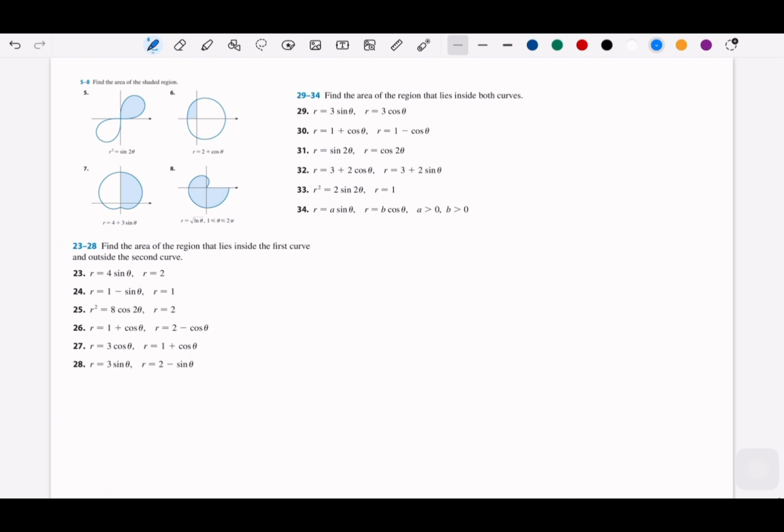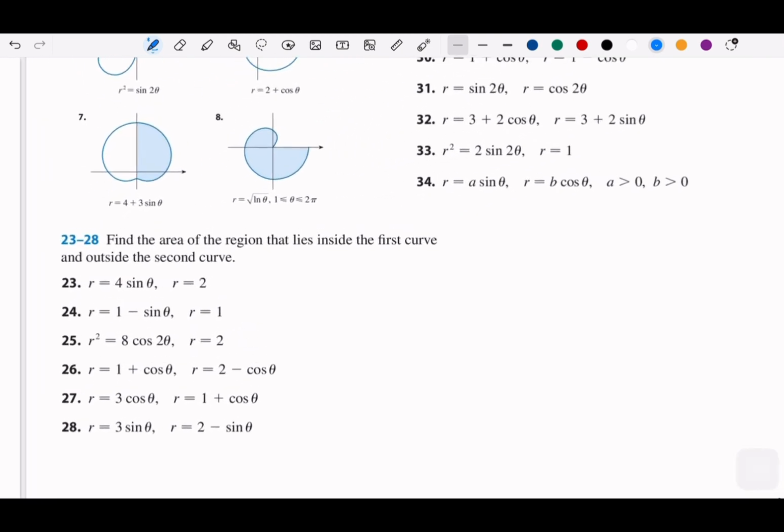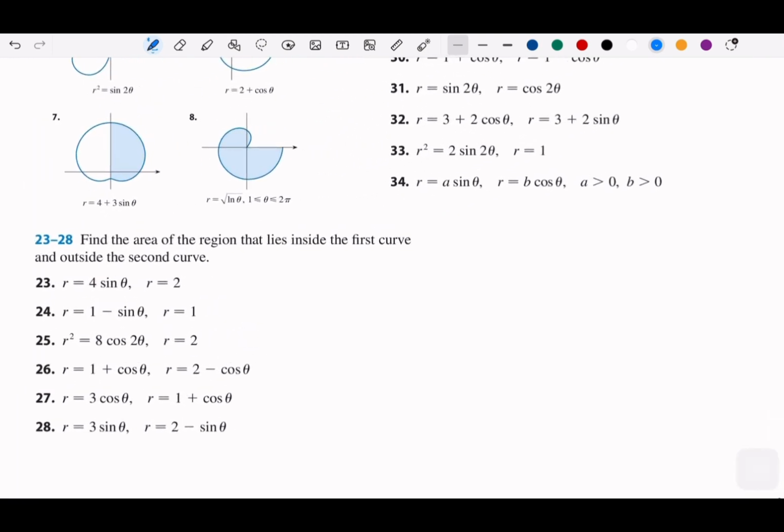They all look the same right now. How about this 24? 24 is the cardioid, I think easy to draw. Cardioid number 24.